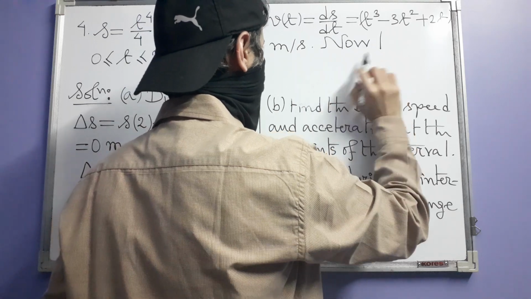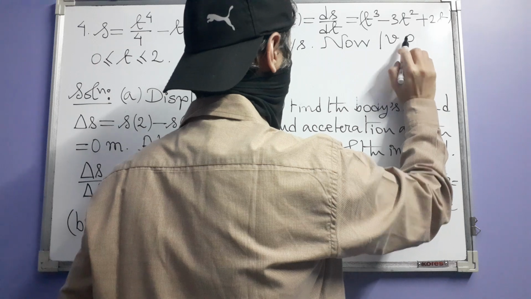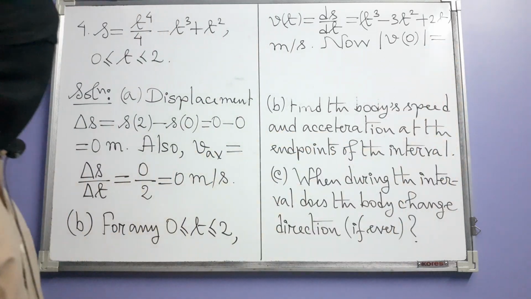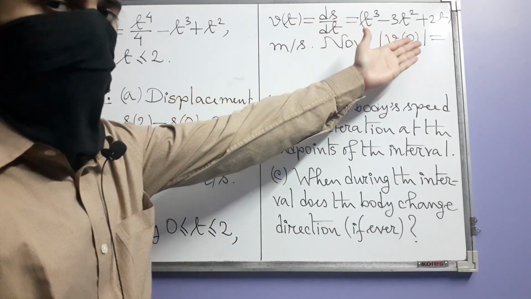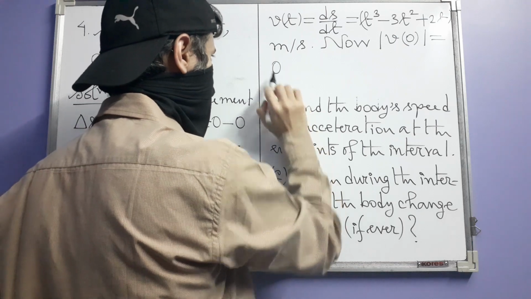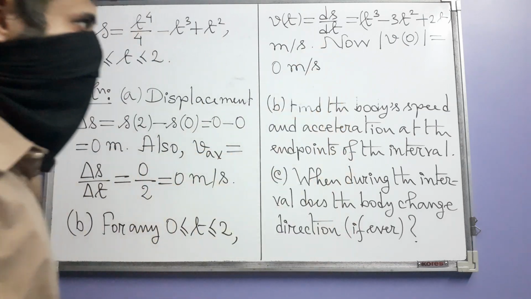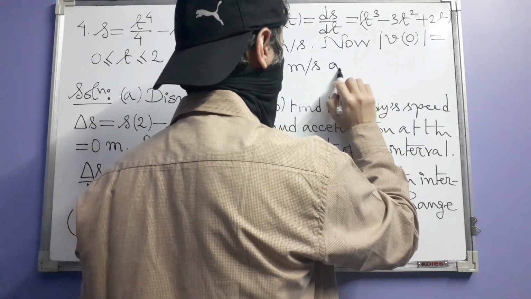Now we want not exactly velocity but speed at 0 and 2. The speed at 0 is the absolute value of this velocity at the time instant t equal to 0 second. From the expression for velocity, you can see that it will be 0. So the speed is also 0 meter per second when t is 0.